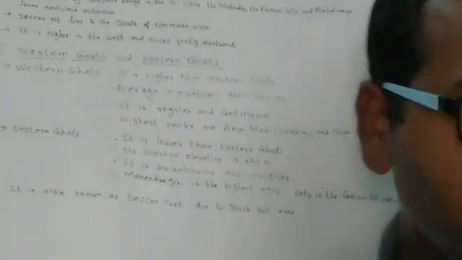The Western Ghat and Eastern Ghat mark the western and eastern Deccan Plateau respectively. Western Ghat lies parallel to the western coast and is continuous, and can be crossed only through passes.